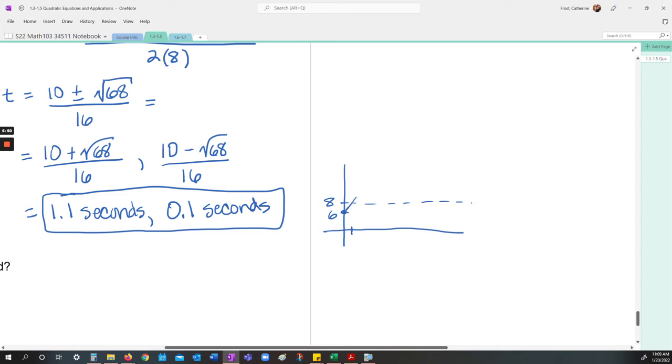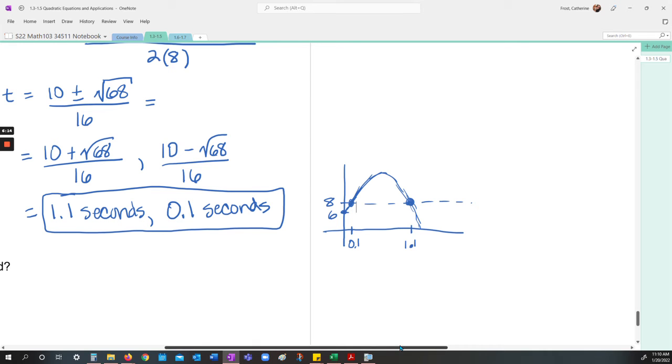So there's our 0.1. And then comes back down. Again, not drawn to scale, because it actually, I think, is very narrow. And so hits 8 feet again at 1.1. So what goes up must come down. So that's why we have two different answers.